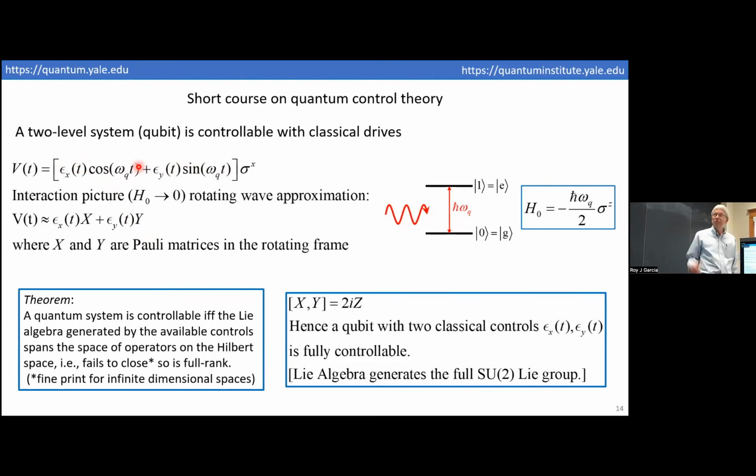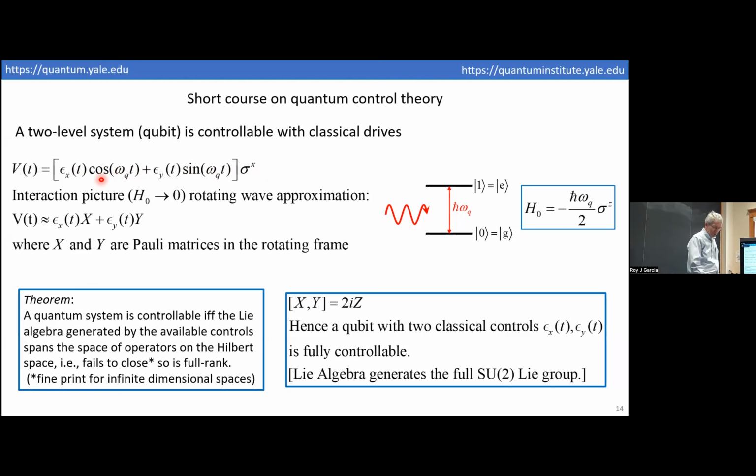For a two-level qubit, if I apply an electric or magnetic field, whatever it couples to, I can excite it from the ground state to the excited state and vice versa with this Pauli X operator. And I can apply drives that are a function of time.